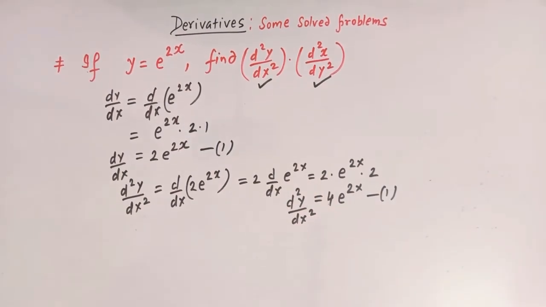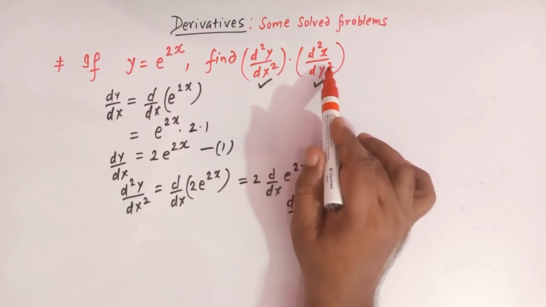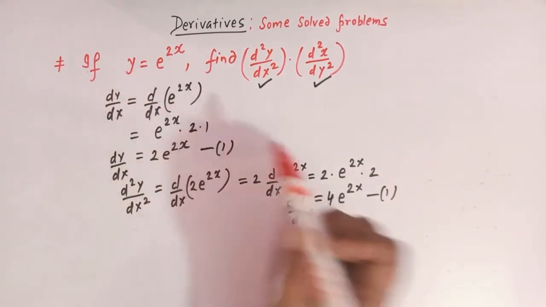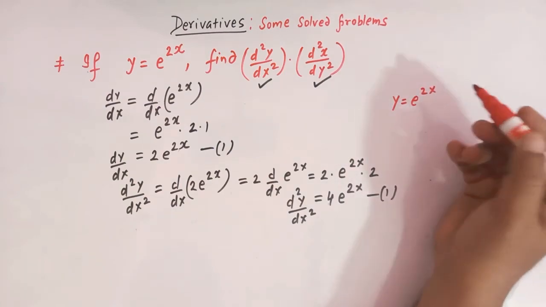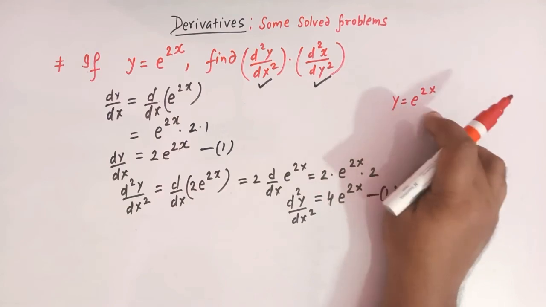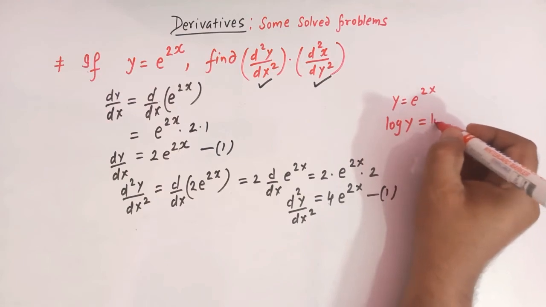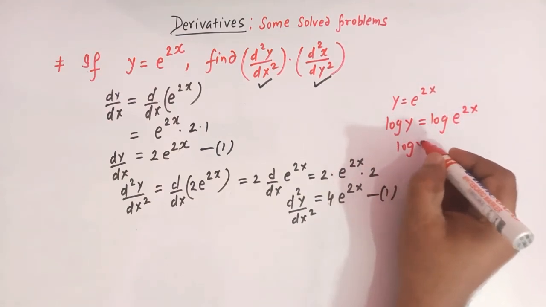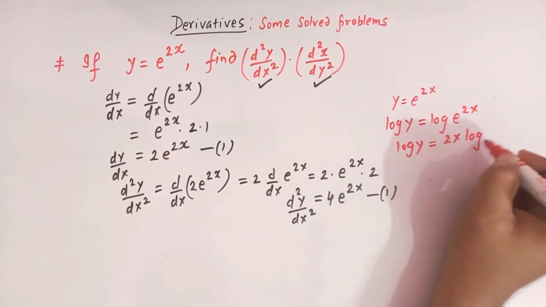Okay, so now let us find out this expression, that is d2x over dy2, right? So let us again start with y is equal to e raised to 2x. Now here let us take the log of both sides. We'll have log of y is equal to log of e raised to 2x, which is 2x log of e, right?